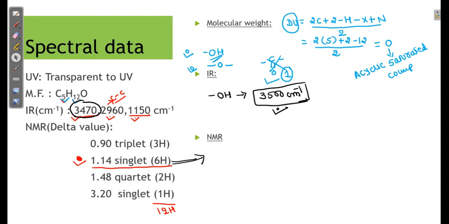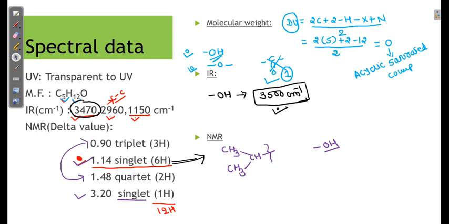Whenever you find a singlet with 3H, then I can say this is a possible group, one of the possible groups. The second thing I want to discuss is this: one will give the singlet, and this value is 3.2, so the chance is OH only, because OH is already confirmed from this IR. So that is over. Now we will see what this group will tell us.